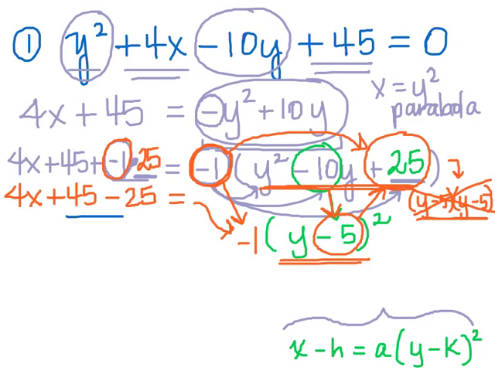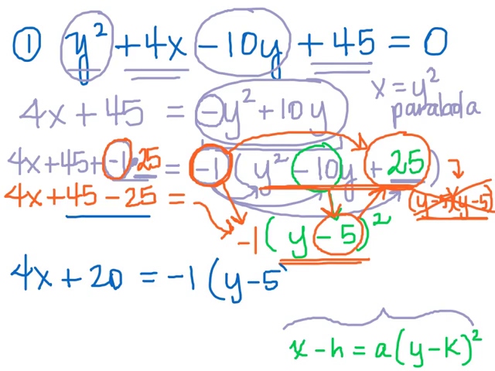When we put these two together to simplify, we get 4x plus 20 equals -1 y minus 5 squared.